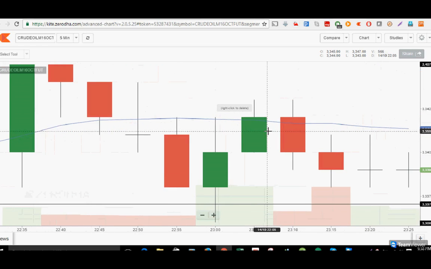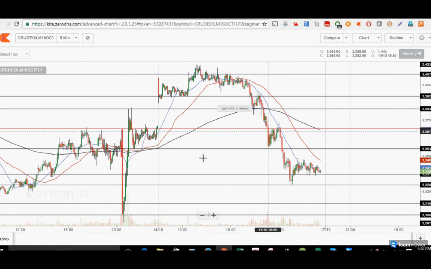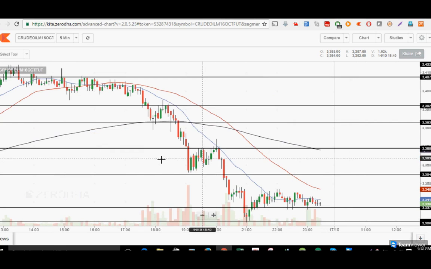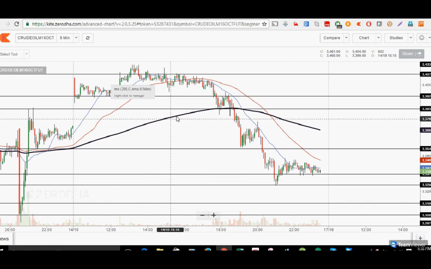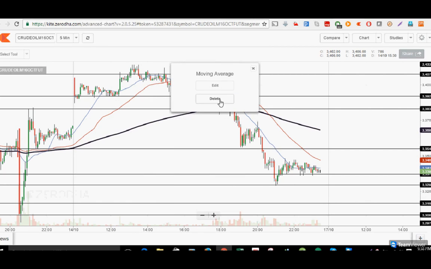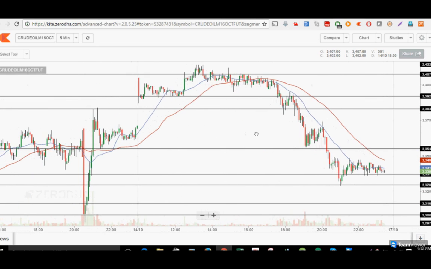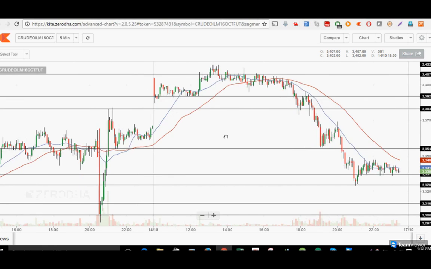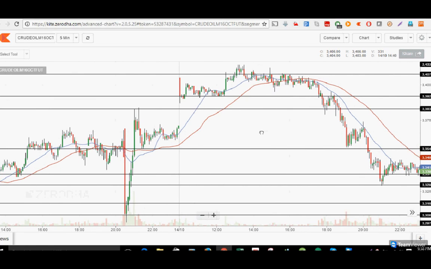If I zoom out, you can see why I have chosen these two. Forget about the black one for now. These two lines tell something about the movements about to come.